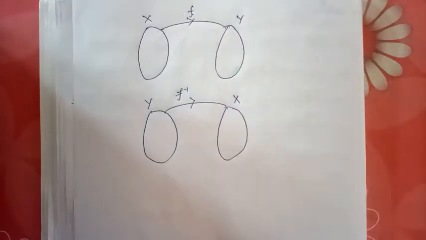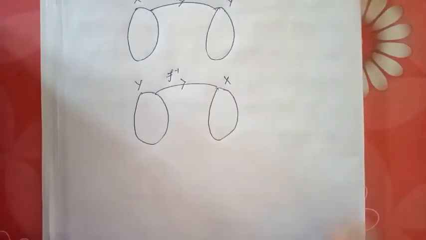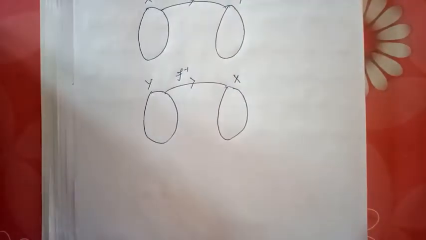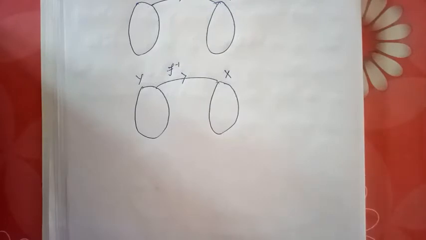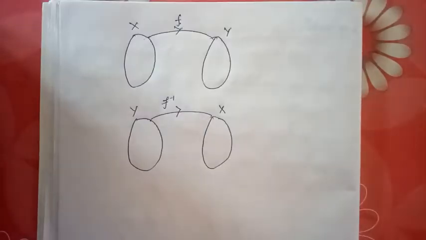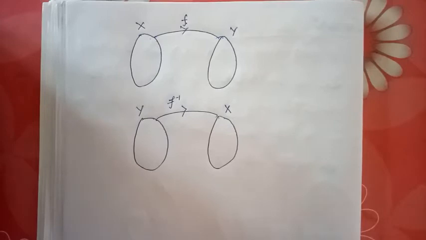But every function is not invertible, so only bijective functions can be invertible. That means a function having both one-one and onto can be invertible.